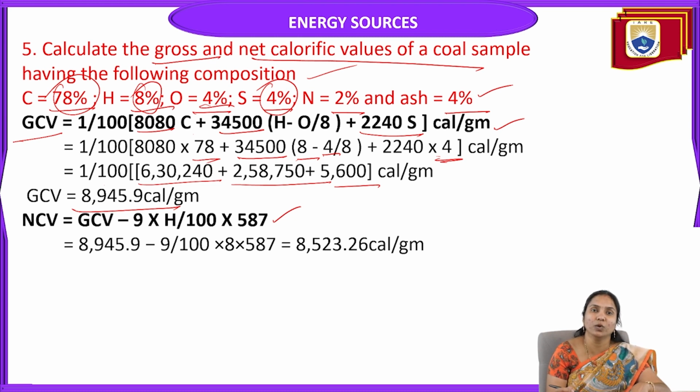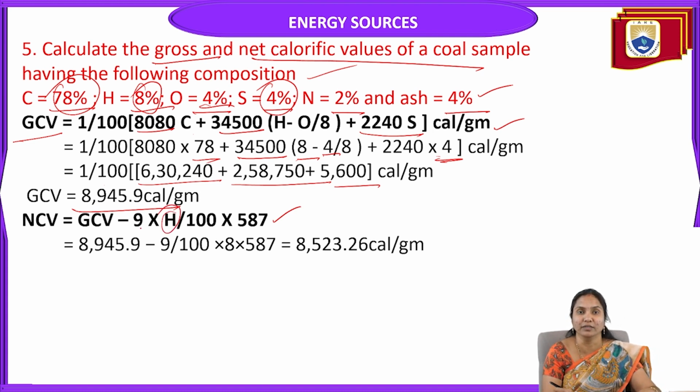NCV equals GCV minus 9 by 100 H into 587, or 0.09 H into 587. Here 587 is the latent heat of water, and H is the percentage of hydrogen present in the given fuel.